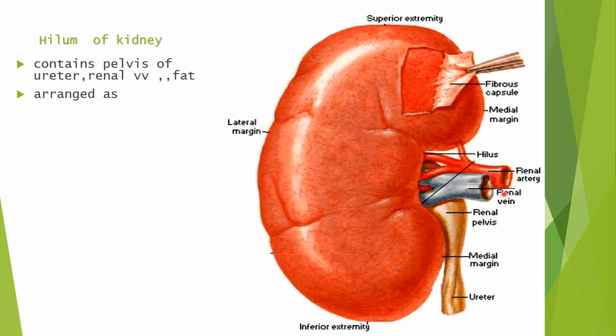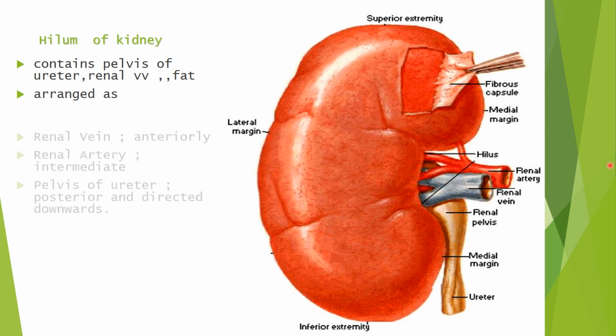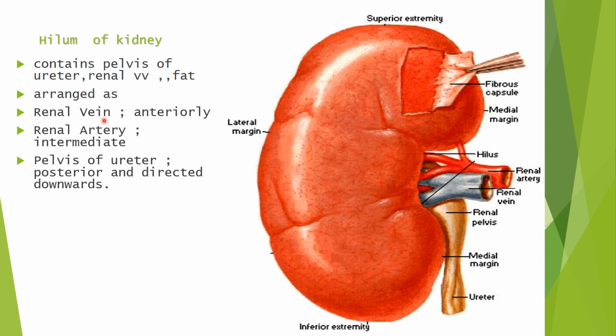They are renal vein, renal artery, and renal pelvis. They are arranged with the renal vein anteriorly, renal artery intermediate, and the pelvis of the ureter posterior and downwards.